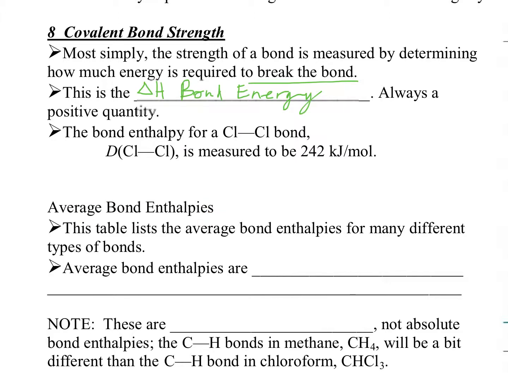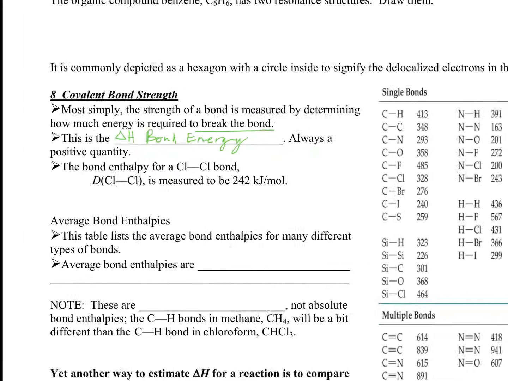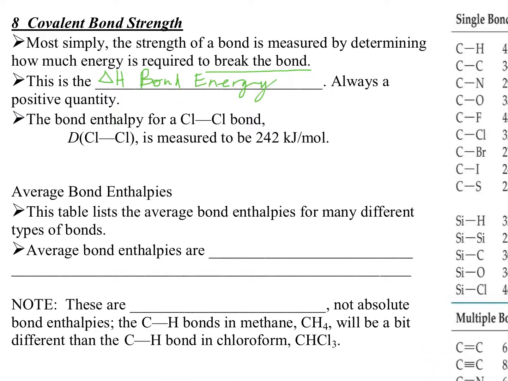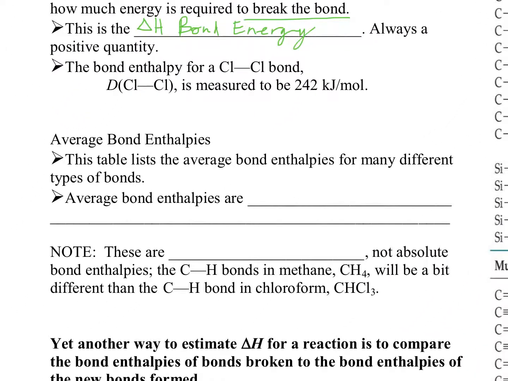Average bond enthalpies. This table lists the average bond enthalpies for many different types of bonds, meaning between different elements and whether they're single, double, or triple.